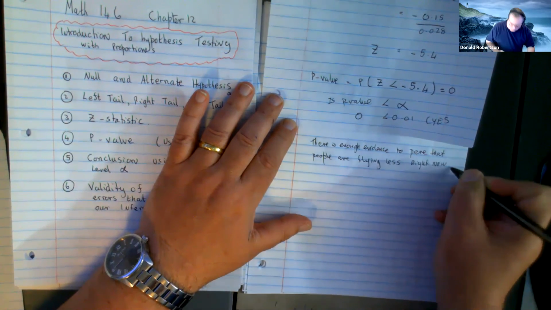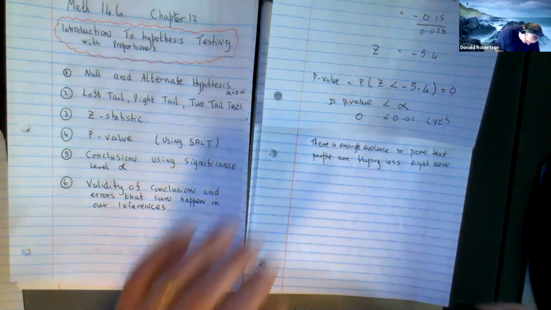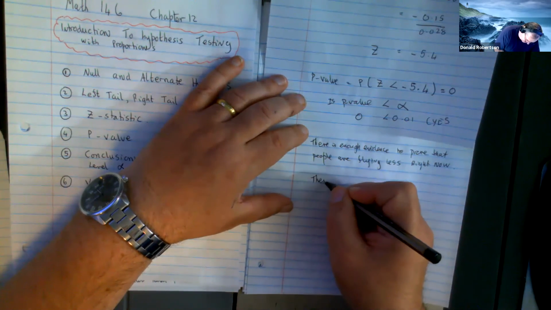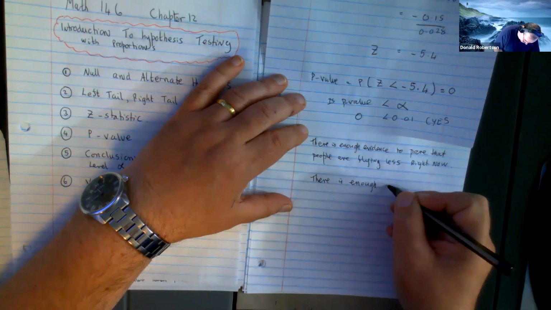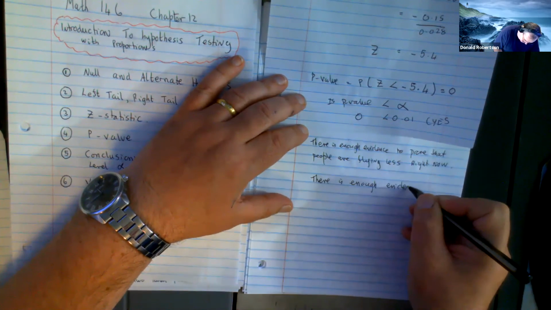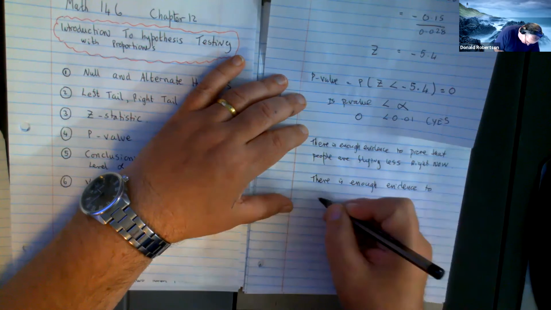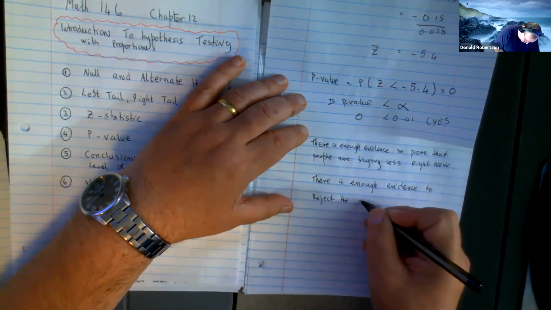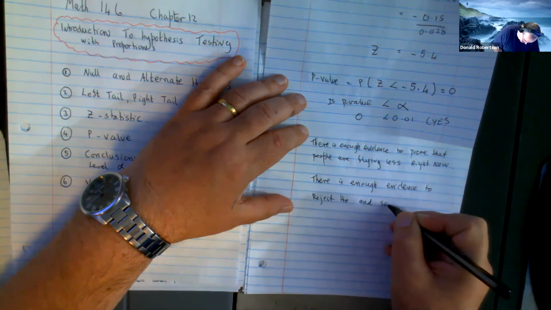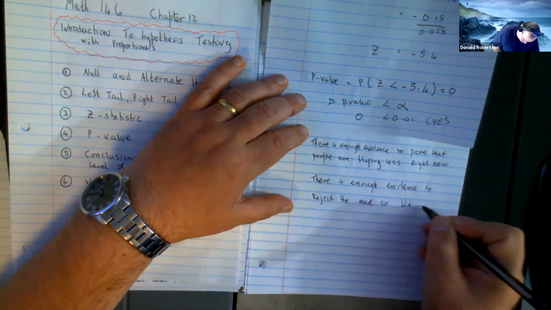Okay. Now, what's the formal way of doing it? This is a sentence that you'll see in textbooks. There is enough evidence to reject H naught, and so HA is true.